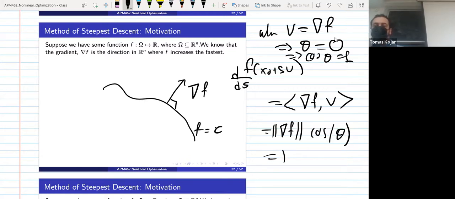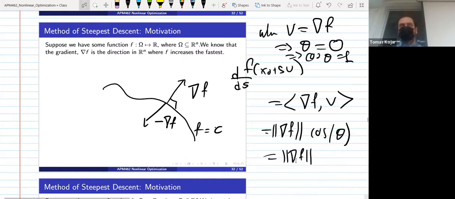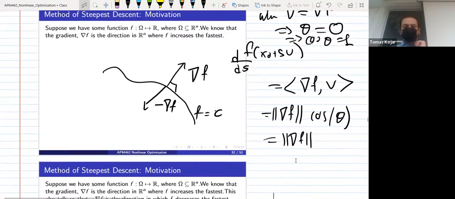So this is the maximum. The maximum directional derivative is when you follow the gradient, and minus of it is called steepest descent. That's what people care about: the biggest decrease.